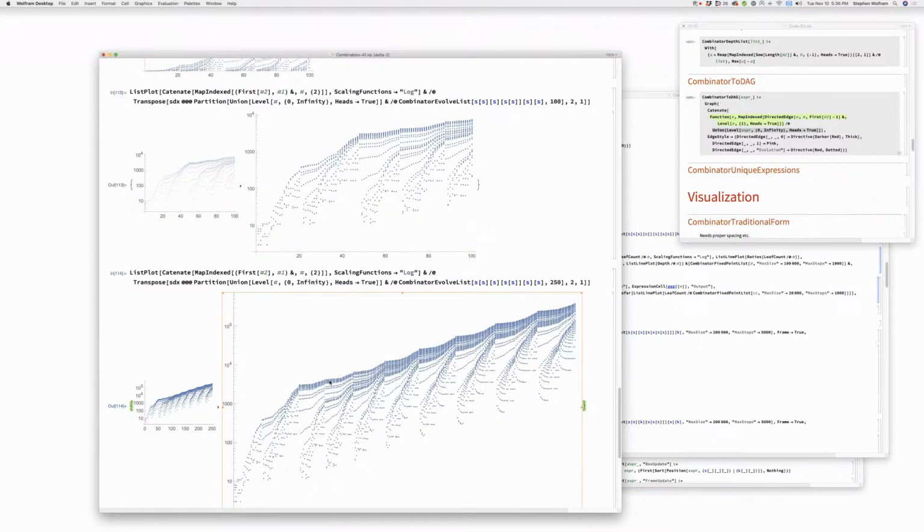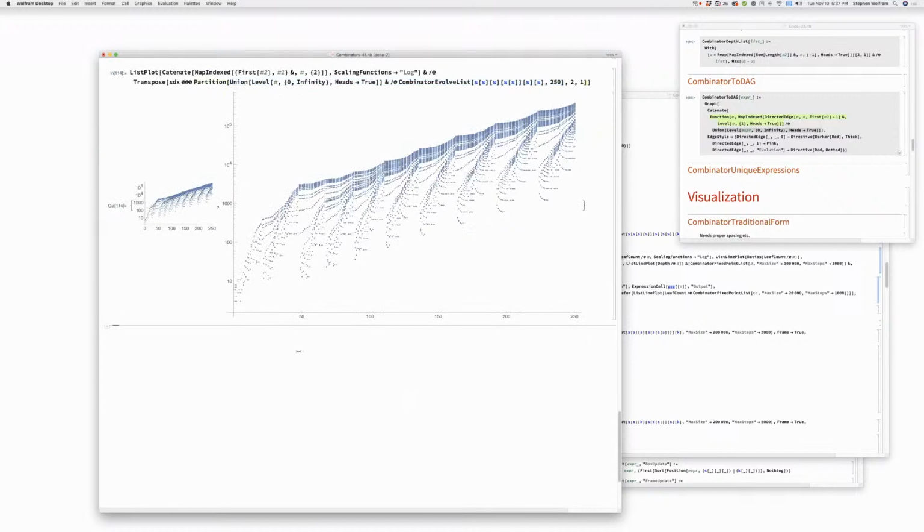By the way, the much simpler plot here, you just do it for 100 steps, for example, is just to ask for the union. Okay, so each one of those is the leaf count of that union.